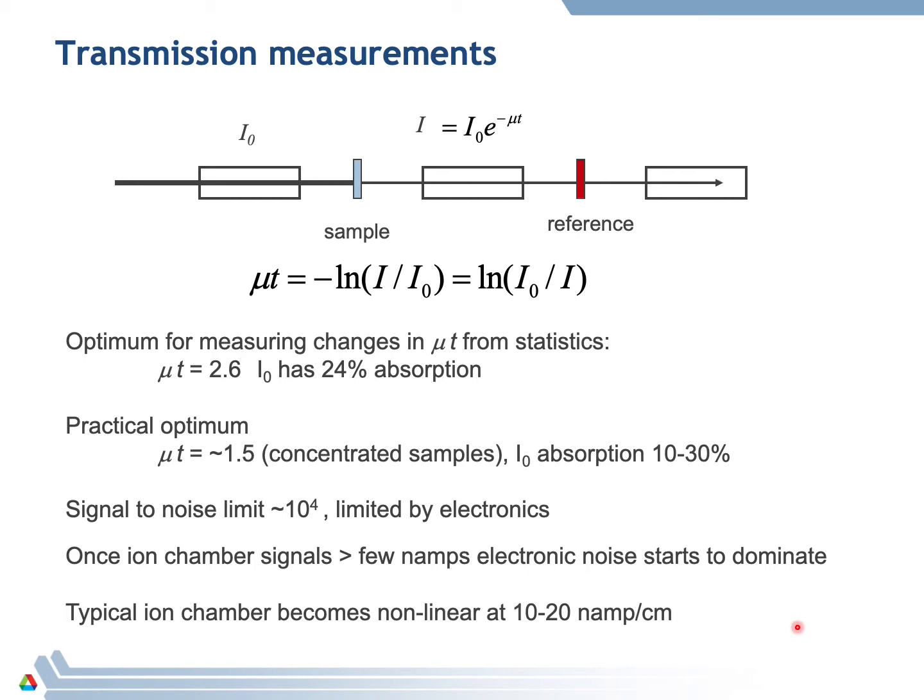Particularly with an ID beamline, it's easy to get into the microamp range if you're not careful, and then you can expect the ion chambers to become fairly nonlinear. So you'd want to use a thinner gas, such as helium, mixed in to reduce the total signal.